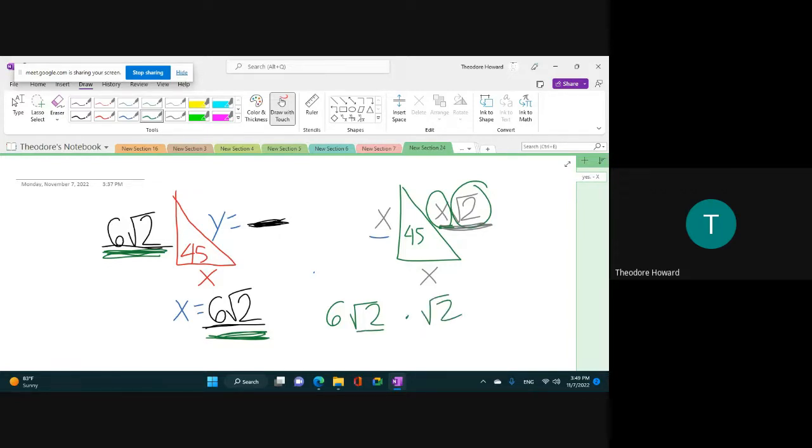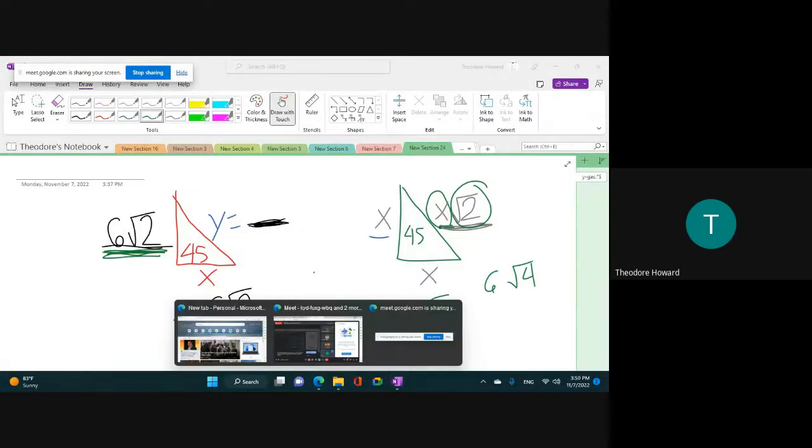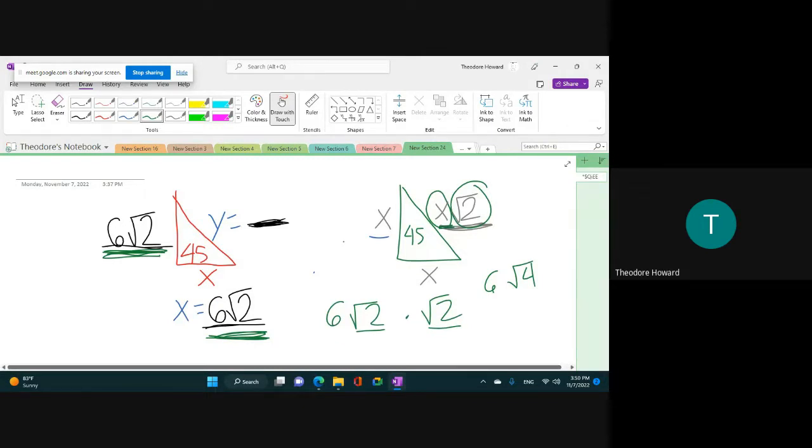So the square root of 2 times square root of 2 is what? What's 2 times 2? 4. But we know something about this. So the square root of 4 is what? 2. What's 6 times 2? 12. And that's your answer to that one.